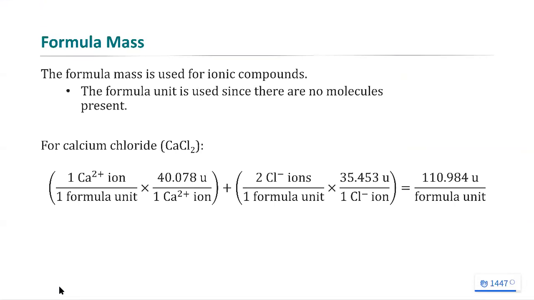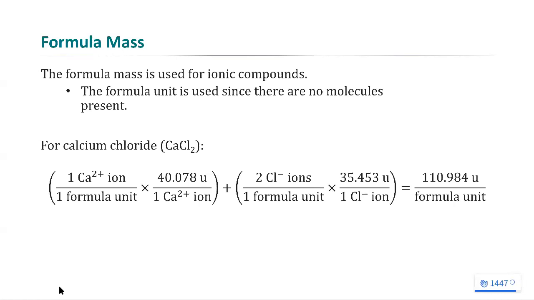Same thing for formula mass. Now, the only difference between molecular mass and formula mass is just what we're defining. Technically speaking, formula mass is describing ionic compounds, because there aren't really truly molecules of ionic compounds, because ionic compounds exist in this massive crystalline structure.